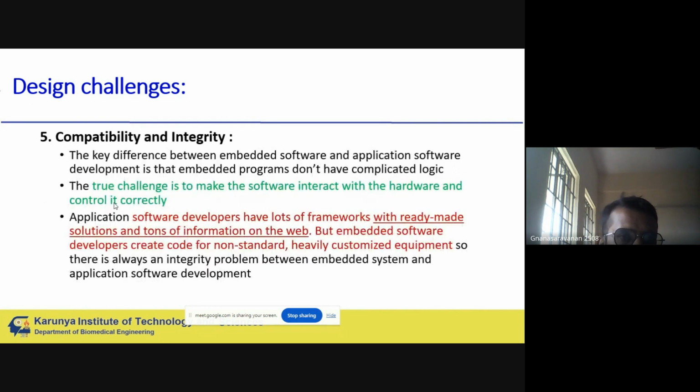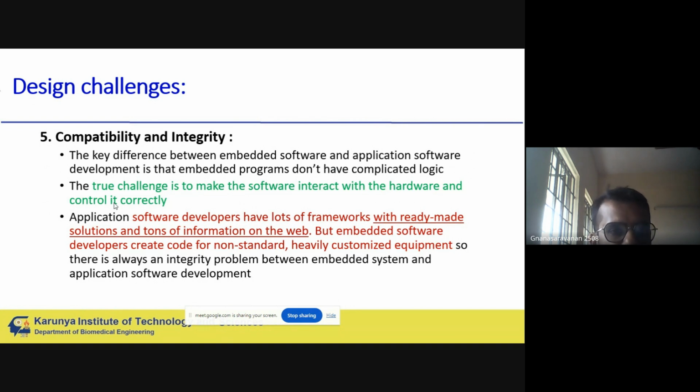Then the fifth design challenge is integrity and compatibility. Integrity is not about the parameters or anything else. It is the integrity, or cooperation, between the software engineers and the embedded system design engineers. Embedded system design engineers work with lots of design constraints, whereas the software engineers have to be well explained about what all things have to be done, and how the embedded system functions, communicates, and so on.